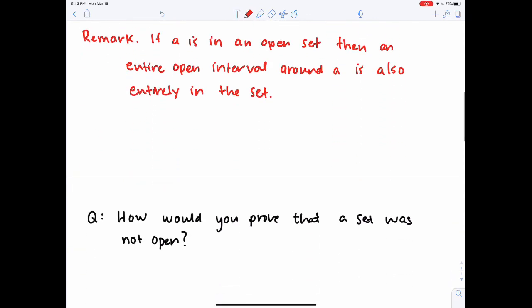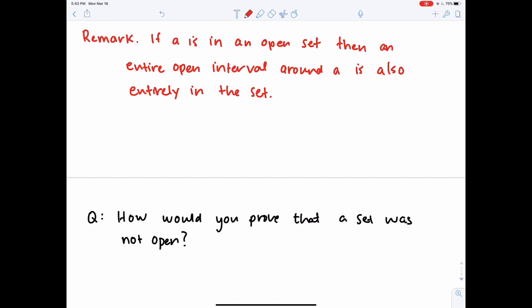So as usual, when you want to try to understand what a definition means or what a property is, oftentimes it's helpful to think of the negation of that property. So what would it mean if my set was not open? Someone walks up and says, hey, here's a set, I claim it's not open.